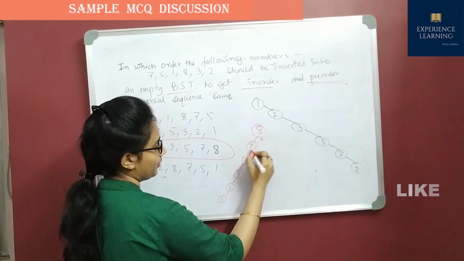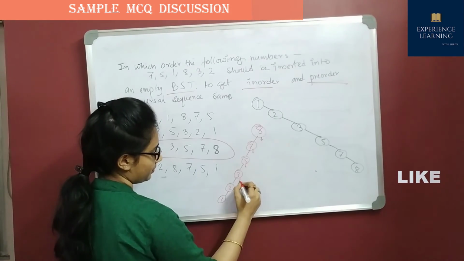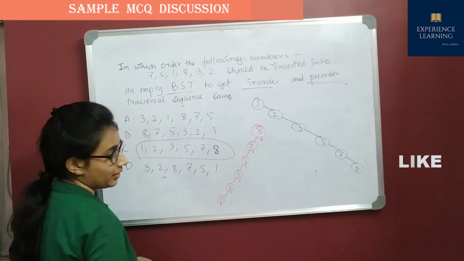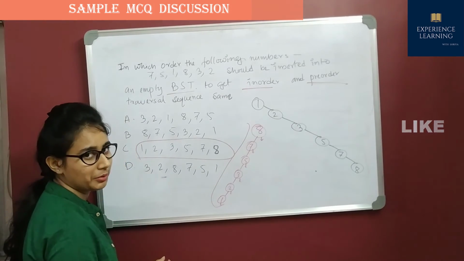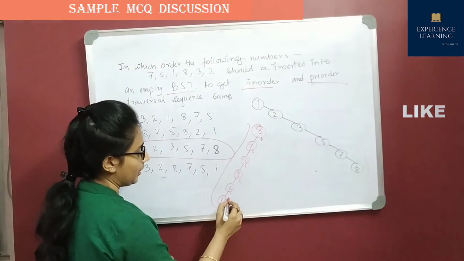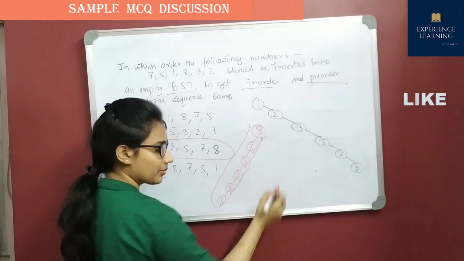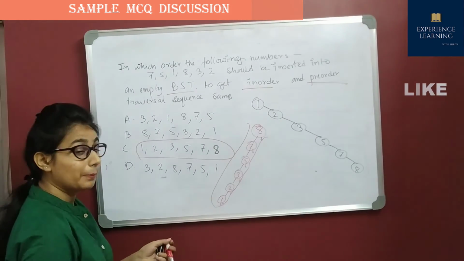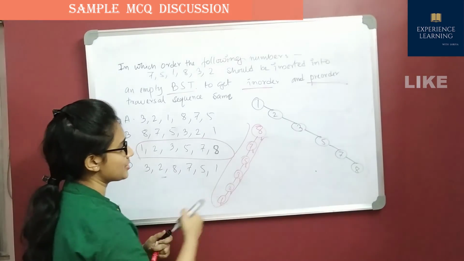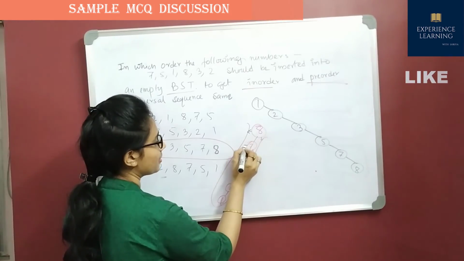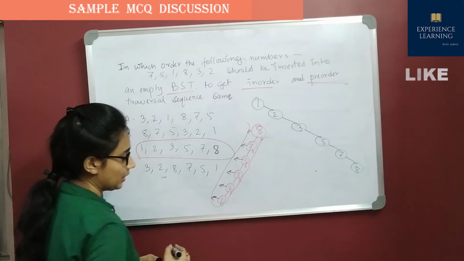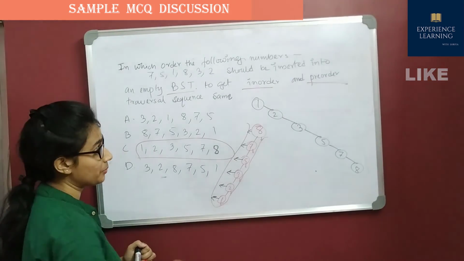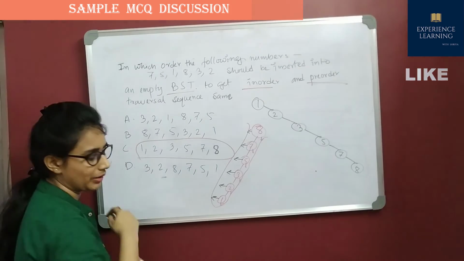If you place the in-order here, which one will be touched first? 1 will be touched first, and then 1, 2, 3, 4, 5, 6, 7, 8. In this way it will be touched. But in case of pre-order traversal, if I draw the arrow in this way, the sequence will be 8, 7, 5, 3, 2, 1.